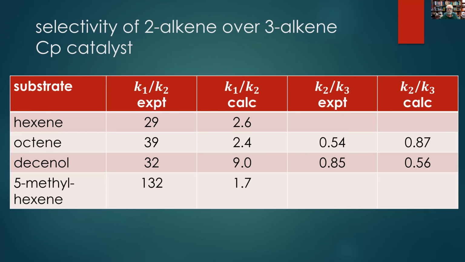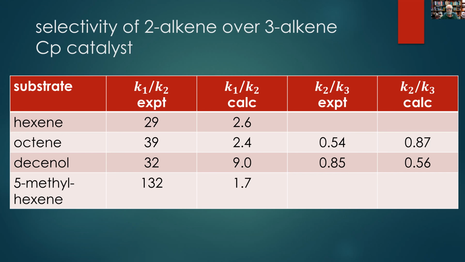So here again are the experimental ratios of K1 to K2, and here now are the calculated ratios that Ryan was able to come up with. I should say these are ratios that were obtained initially with our default methodology. And then when we tried to improve the methodology, the agreement actually got a little bit worse.